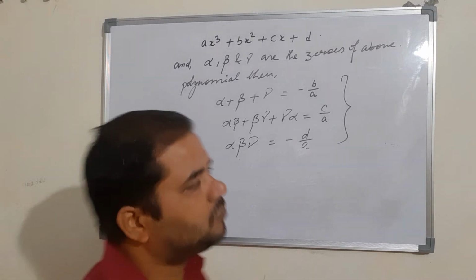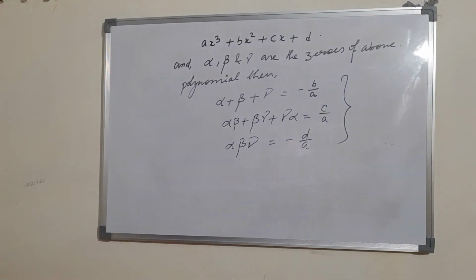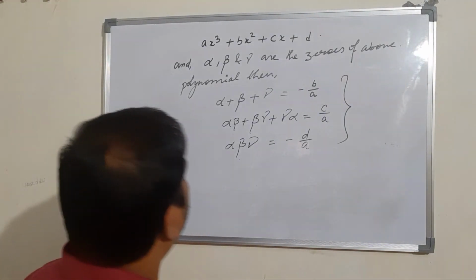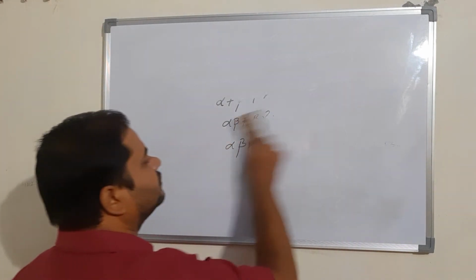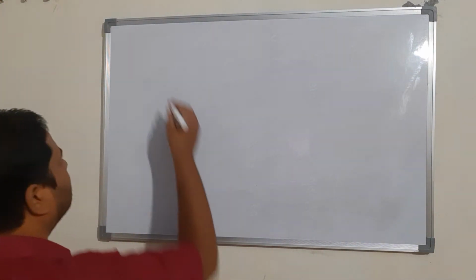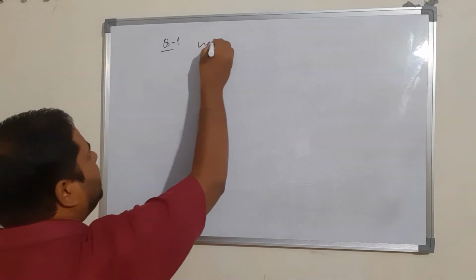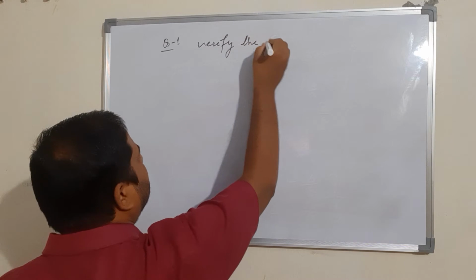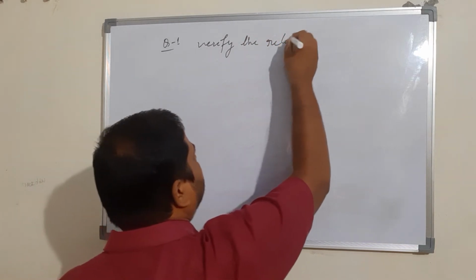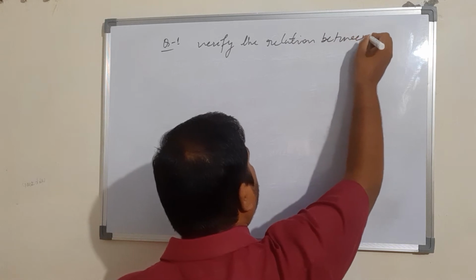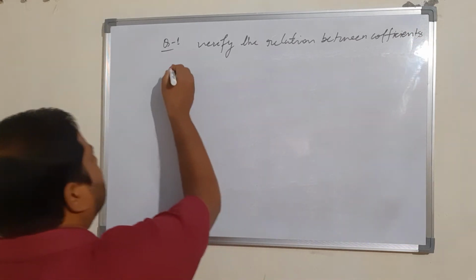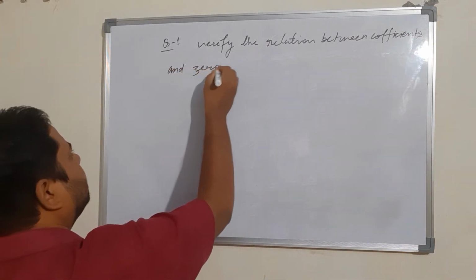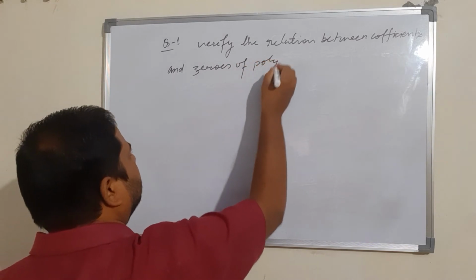Okay, now see some questions based on this relation between the coefficients and zeros of the polynomial. Okay, so let us see. First question, question number 1, is: verify the relation between coefficients and zeros of the polynomial.